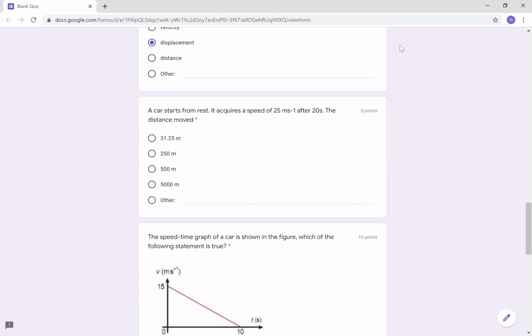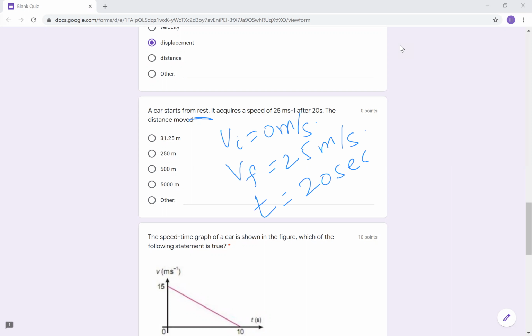Now in this case, the car starts from rest. There's a very interesting question over here. It is starting from rest. This is the keyword over here. That means vi is 0 meters per second, and it acquires the speed of 25 meters per second. That means vf is 25 meters per second, and the time is given to us: 20 seconds.